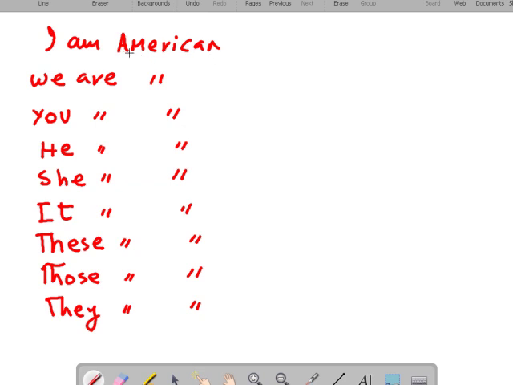Let's translate in Urdu. I am American. I, मैं. I am, मैं हूँ. But who will come in the end? And American will use in between.